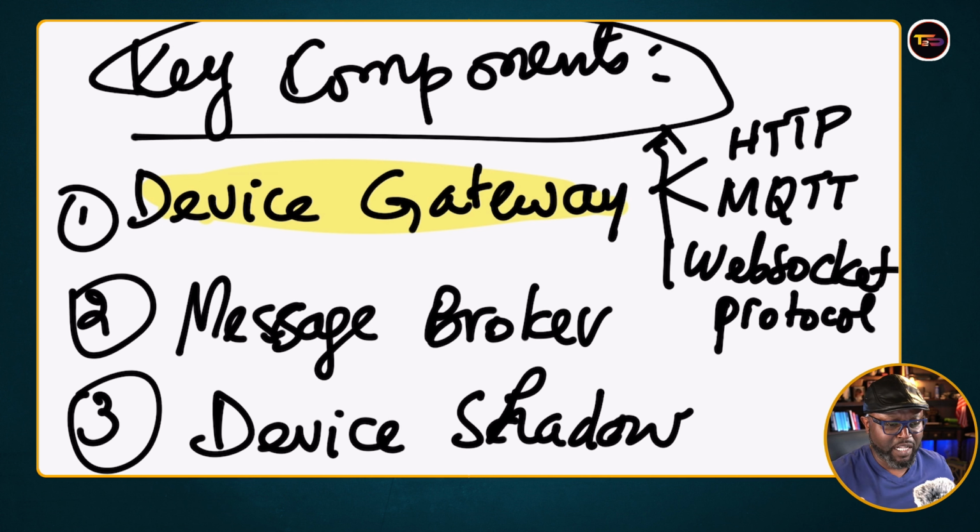Number four, you have the rules engine. What these do is evaluate inbound messages published to AWS IoT Core, and then these rules will trigger actions like data transformation, storage in databases, or invoking AWS Lambda functions.